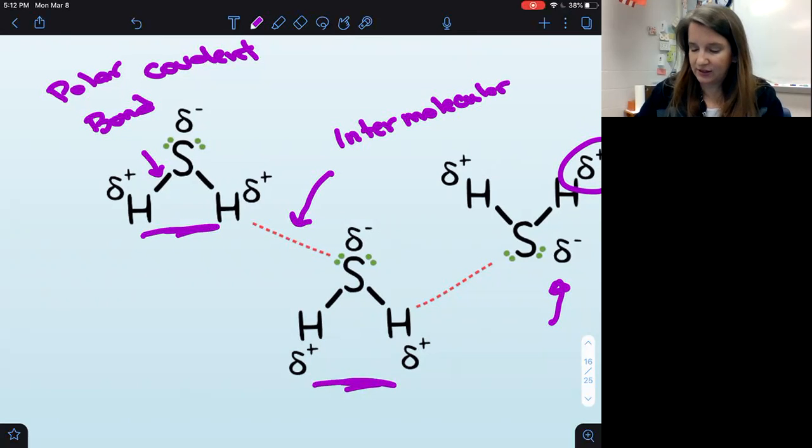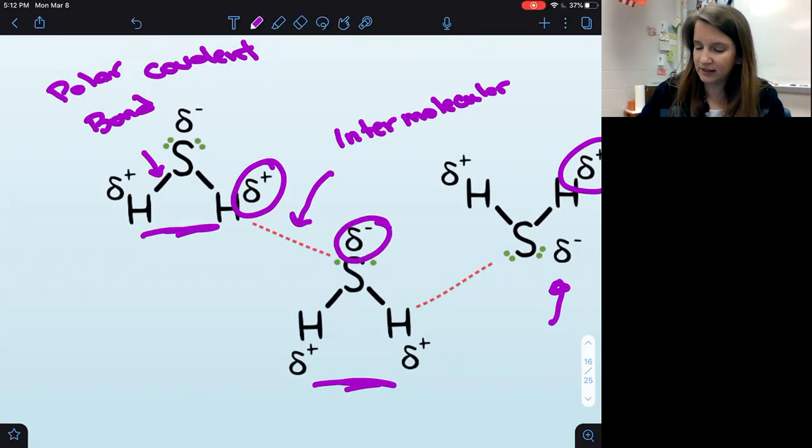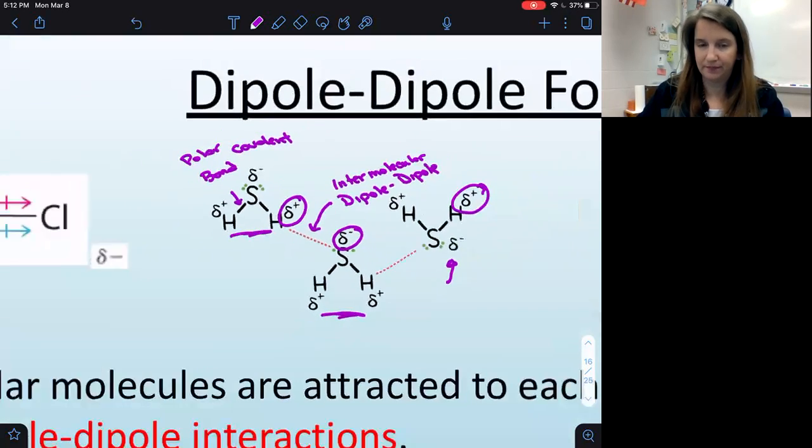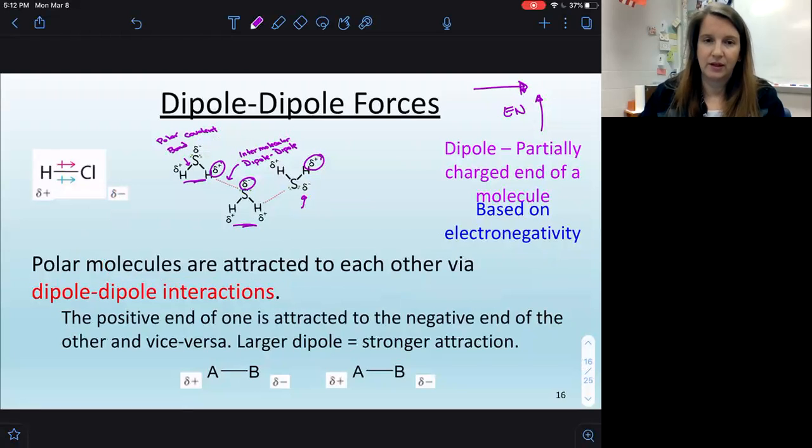Now you can see that this attraction is between a positive dipole of one molecule and the negative dipole of the other molecule. So this is a dipole-dipole interaction because it exists between polar molecules. The fact that these are polar molecules is what makes these dipole-dipole interactions.